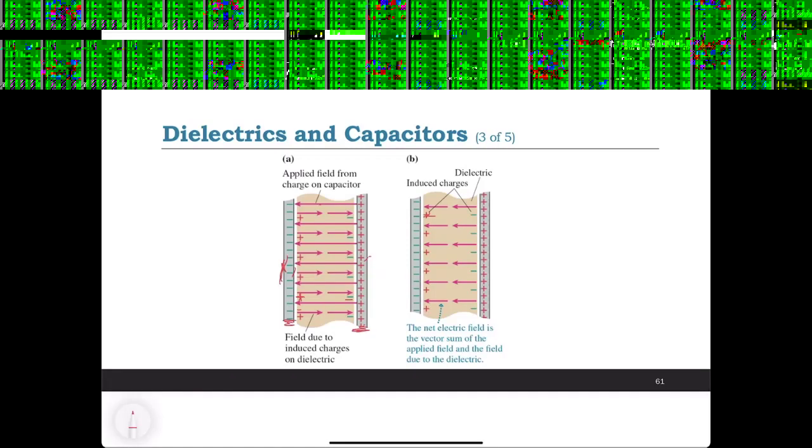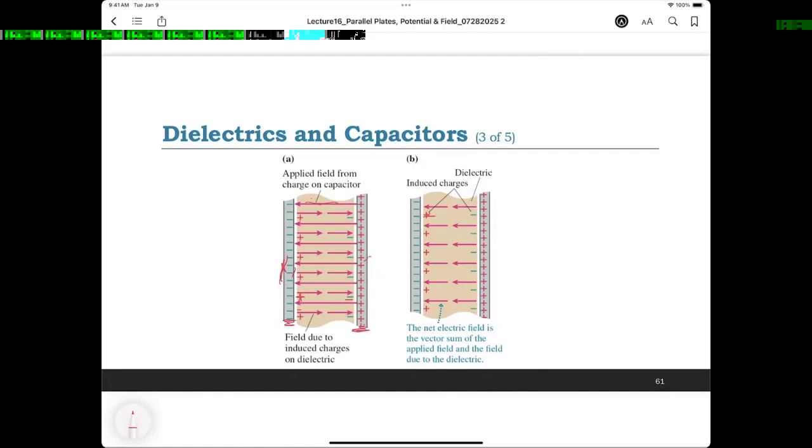The net electric field is the vector sum of the applied field and the field due to the dielectric. You can see this is the original electric field, and this brown one is the dielectric field, and then the net electric field is the vector sum of the applied field and the field due to the dielectric.